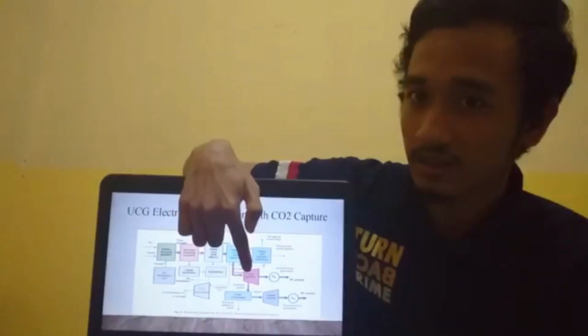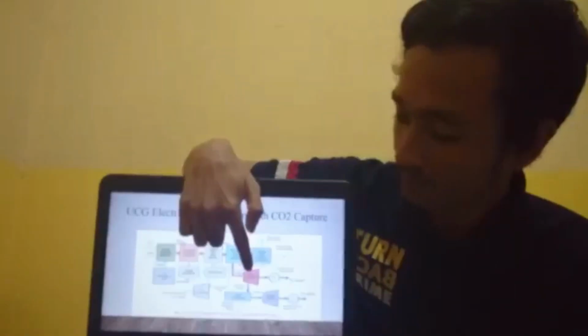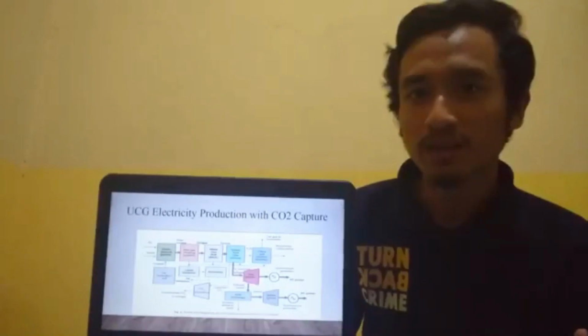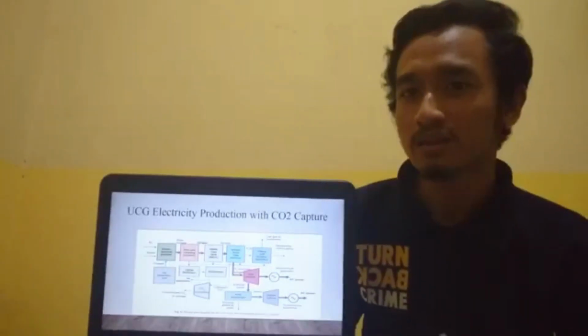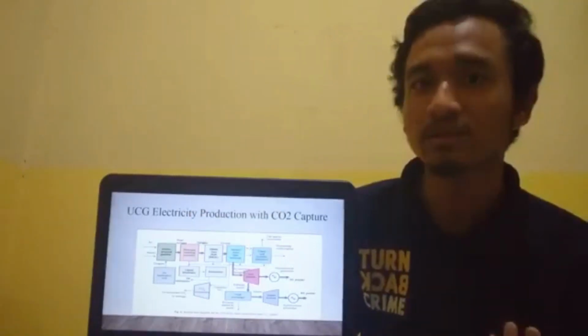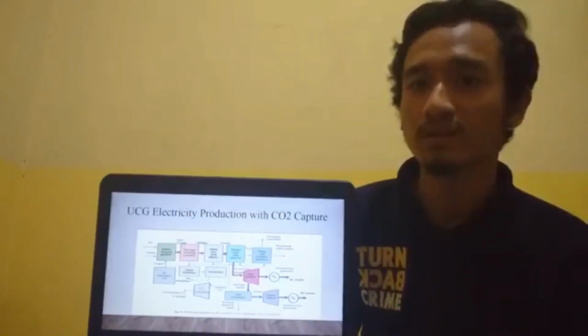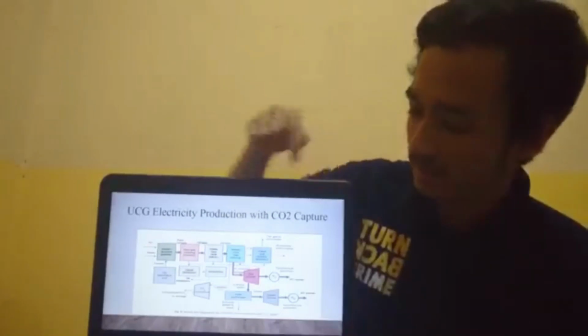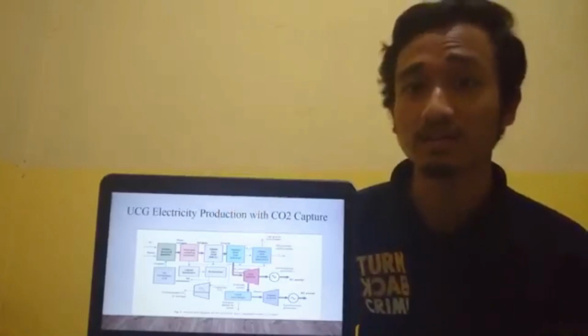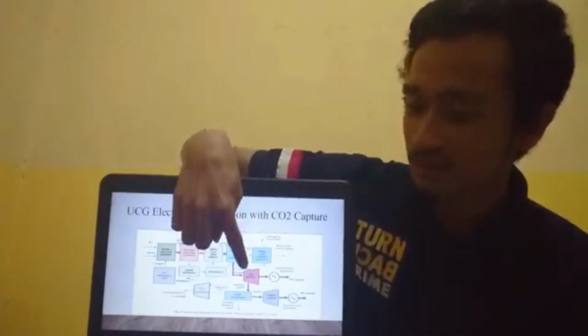Here is the red one, the gas turbine. The gas turbine drives the generator to produce AC power, which means electricity.